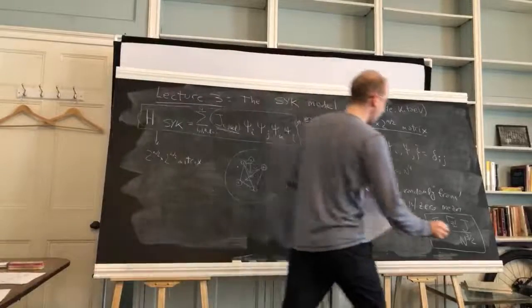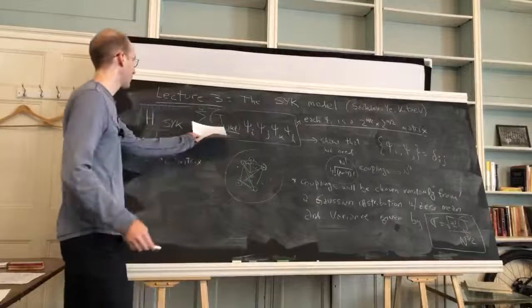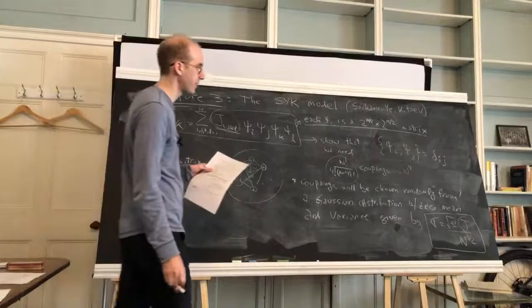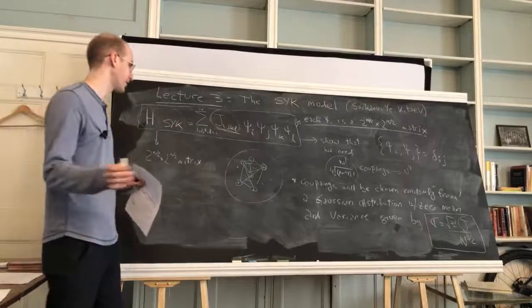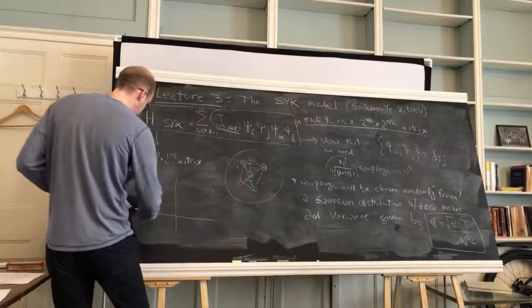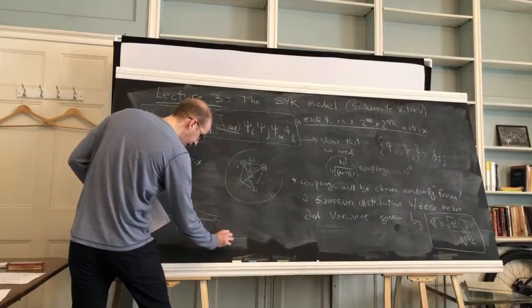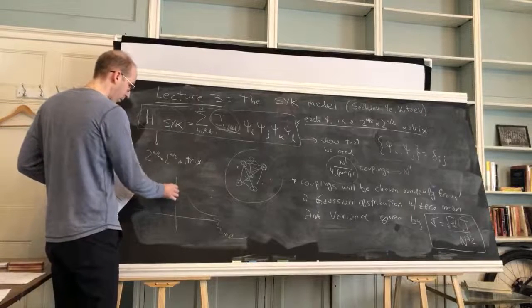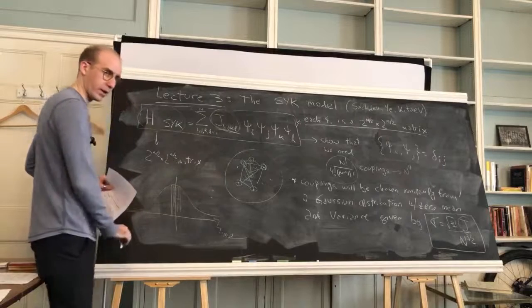So J is one number. It comes from this J_ij, so it has dimensions of energy. It's dimensionful, and it's fixed. Once we fix that J and n, then we will have some Gaussian distribution for our J_ijkl's. And we will start picking them randomly with more probability of getting values around here and less probability of having values over here.